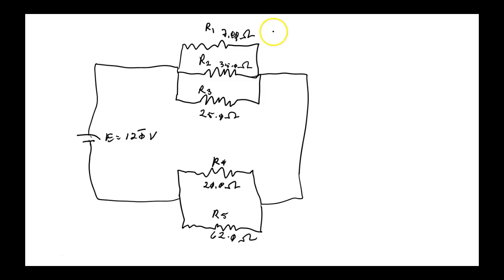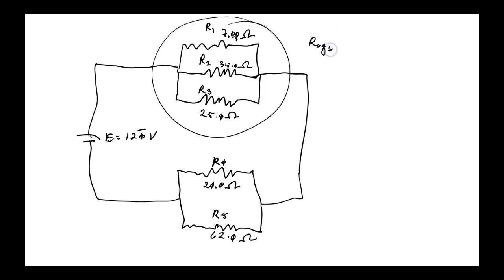Okay, this is a parallel circuit, so find the equivalent resistor of this one. So we'll call it REQ. What do you want to call that? I think they call it R6, so I'll call it REQ6, the equivalent resistor of those 3.